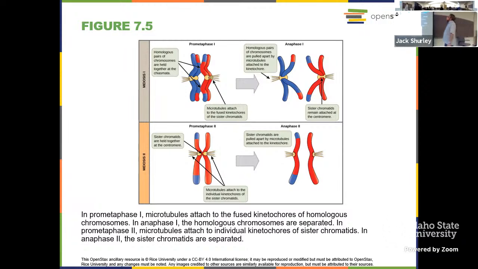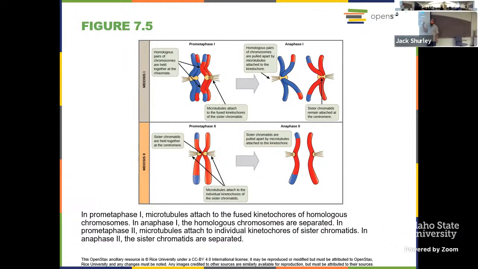All right. So in the first round of meiosis, what we separate are the homologous pairs. We still have the blue with its sister chromatids together, right? And the red with its sister chromatids, right? They're still together, right?